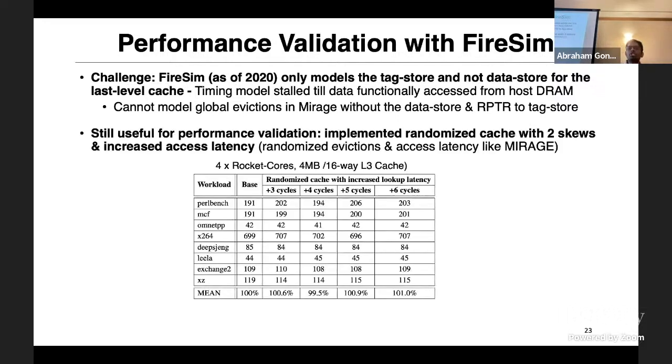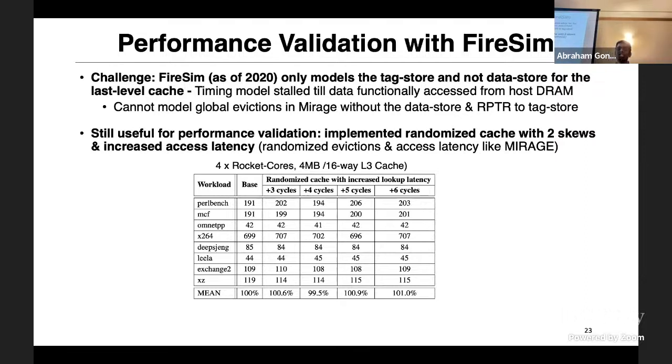So to functionally model at least the performance impact, we didn't implement the global eviction part, but implemented the evictions in a randomized manner using randomized indexing, and also increased the cache latency. The effect was that the eviction profile in expectation was similar to what you would expect in Mirage, and the latency to access the cache was similar to Mirage.